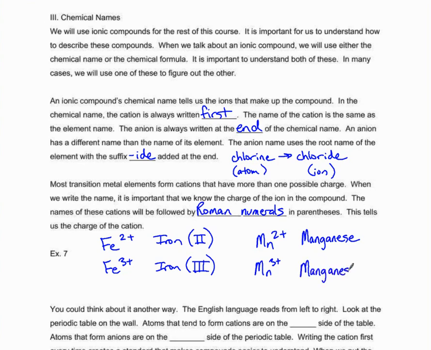Manganese is interesting because when you put manganese into a steel alloy, it gets way stronger. So if you want something with bulletproof steel plating, you want to add some manganese in there and it makes it much stronger. This manganese is manganese(II), and the manganese with a 3+ is manganese(III).